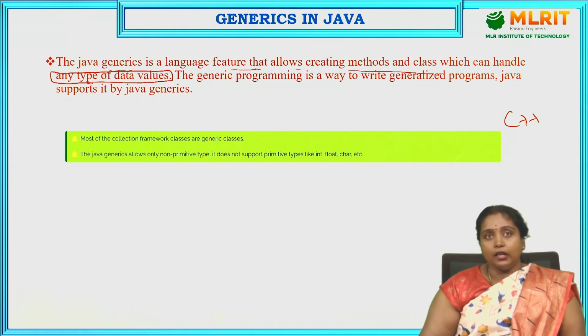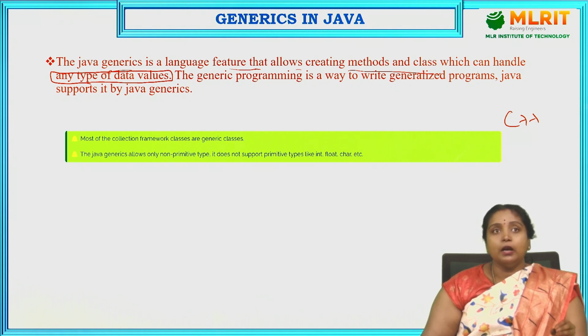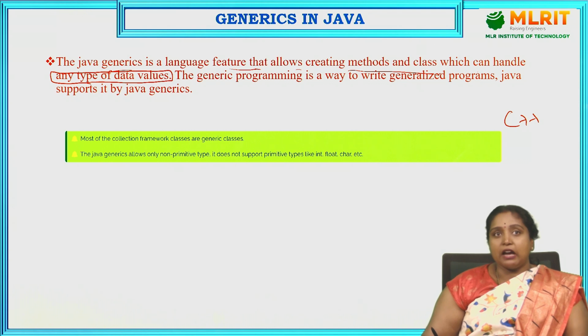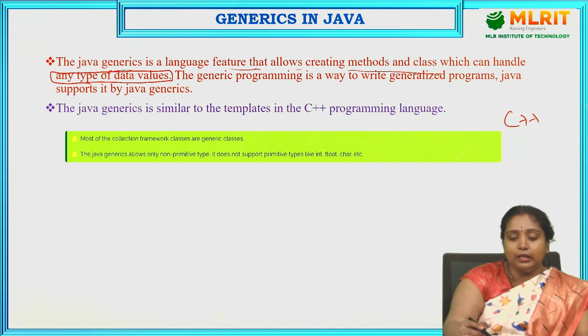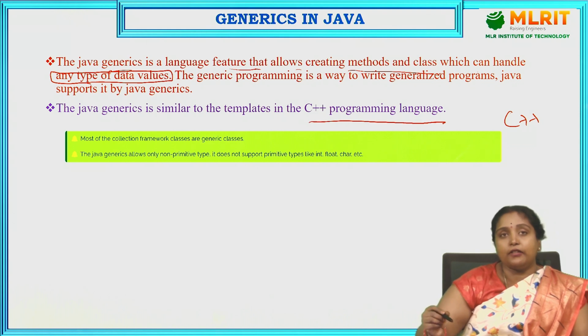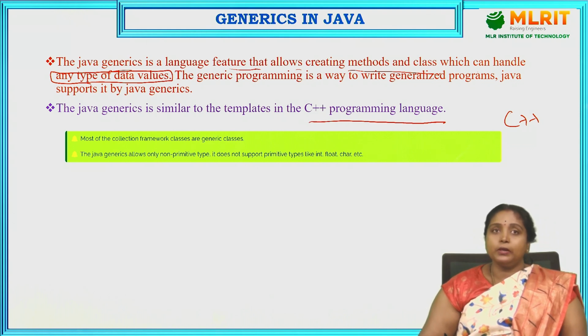Here we are going to write generalized programs. Java supports generics, which was introduced in the C++ programming language, which is more similar to Java.